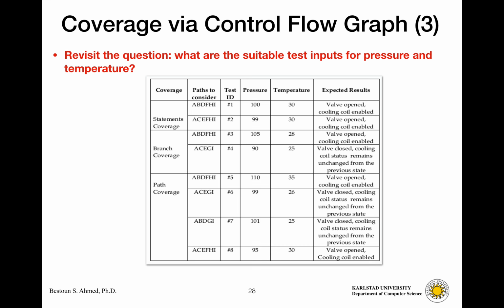You choose some values based on the branch that you want to cover, enter them into the software, and then you have the output.